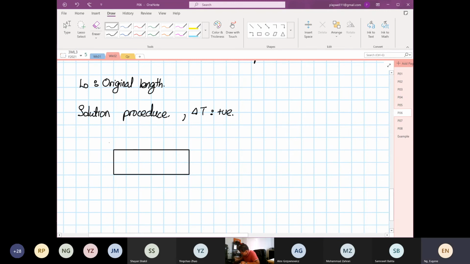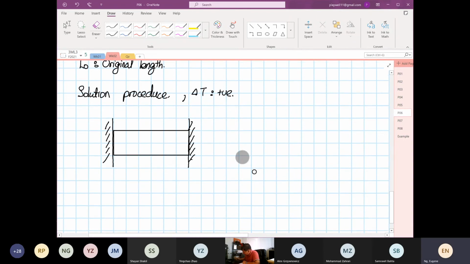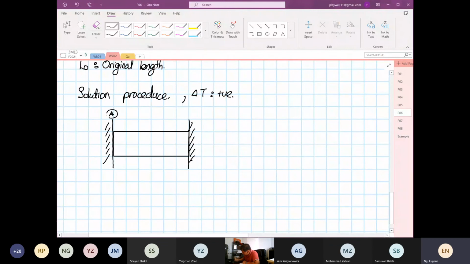Again, we have support on both sides. Then we remove, so this is point A, this is point B.